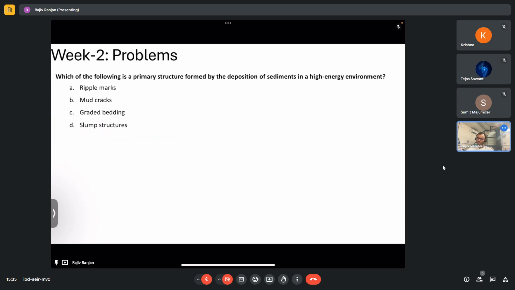Which of the following is a primary structure formed by the deposition of sediments in a high energy environment? Tejas, can you answer this? So ripple marks form in a marine environment, right?